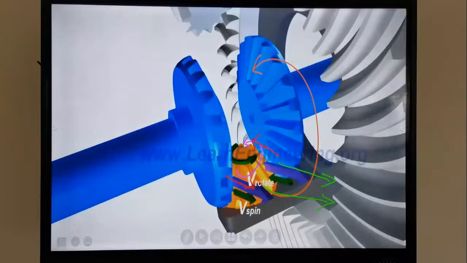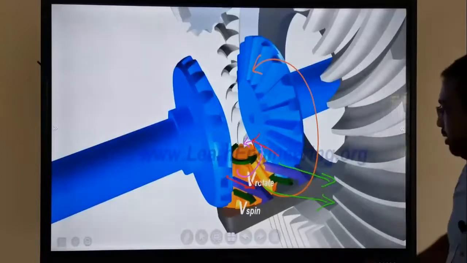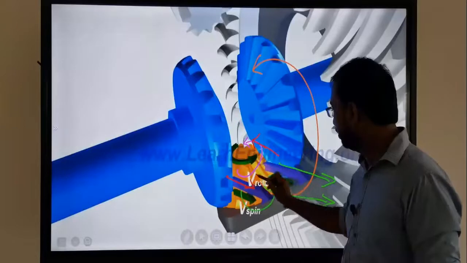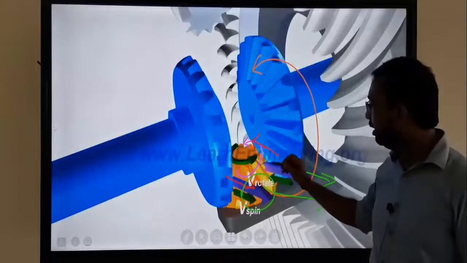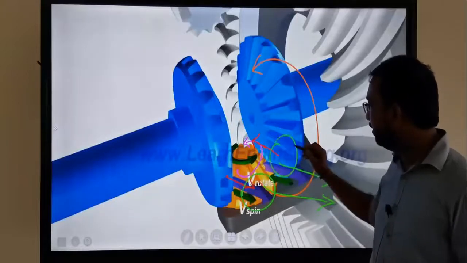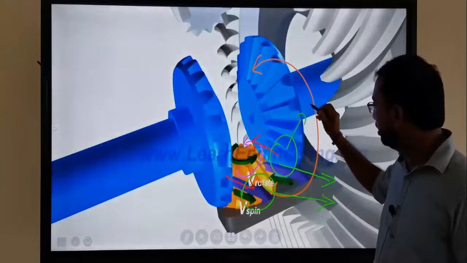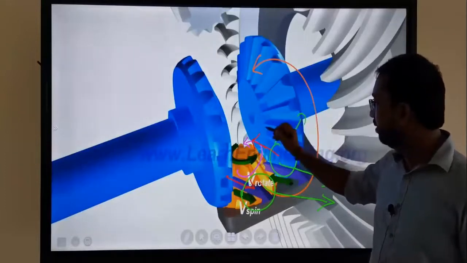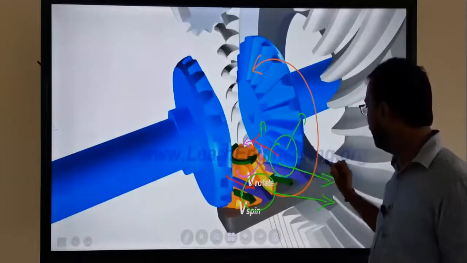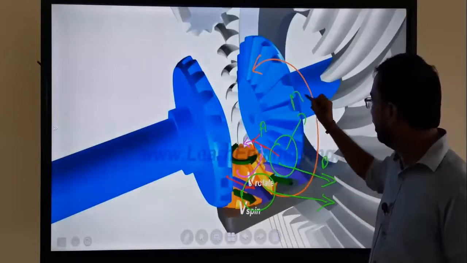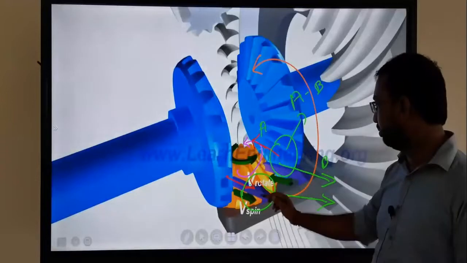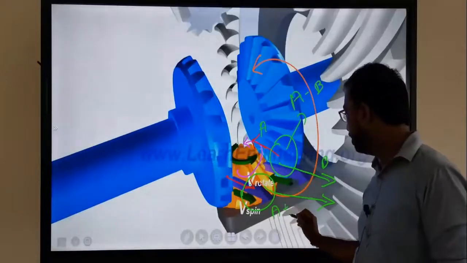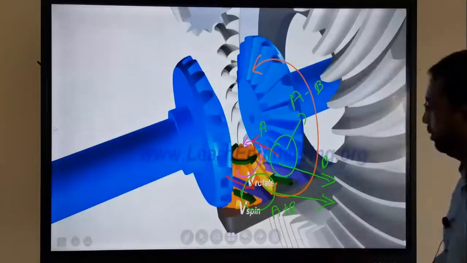So there are two motions. Here these two, green and red, are in the same direction, but here it is opposite. What happened? Here we can get the difference. This is A, for example, and this is B. So here we can get A minus B as a resultant. Here A plus B. Clear?